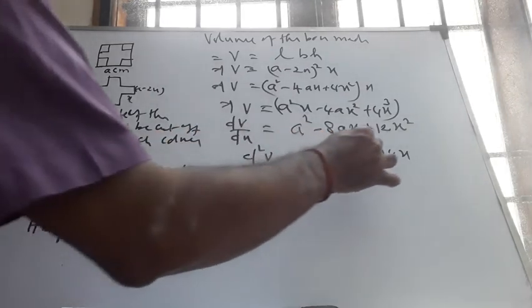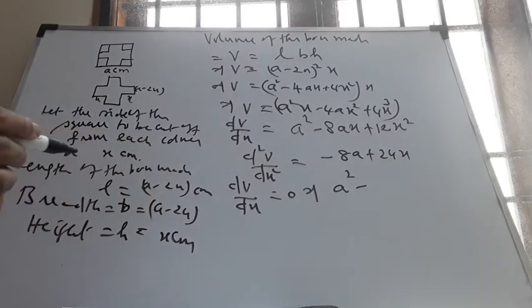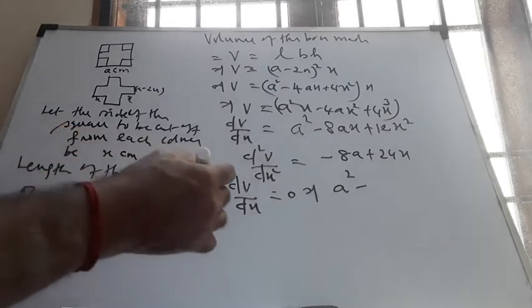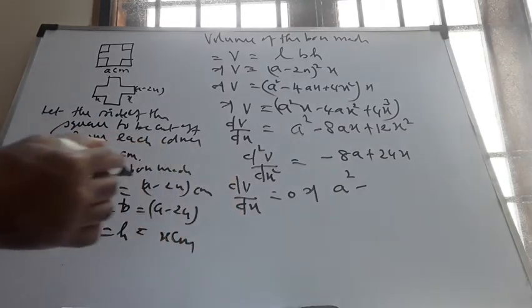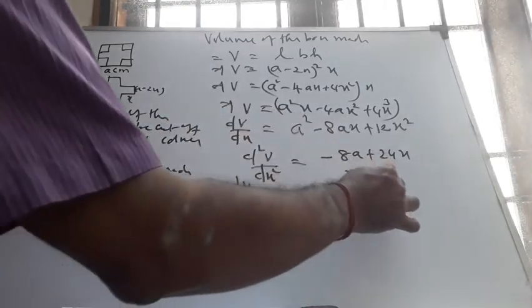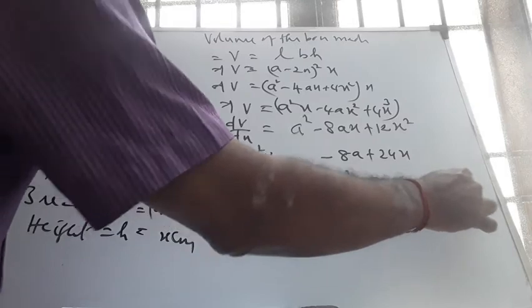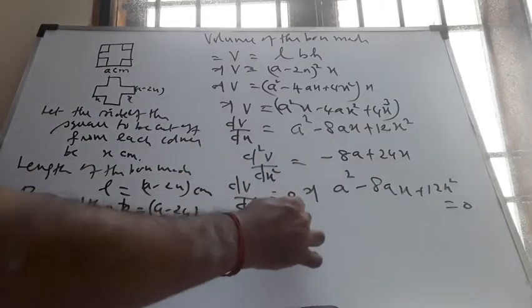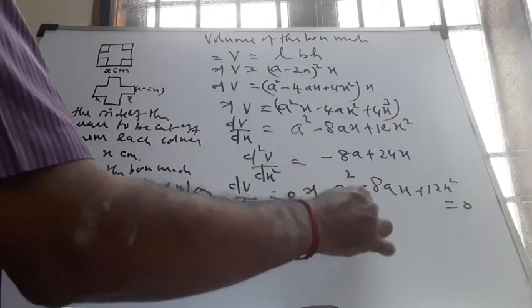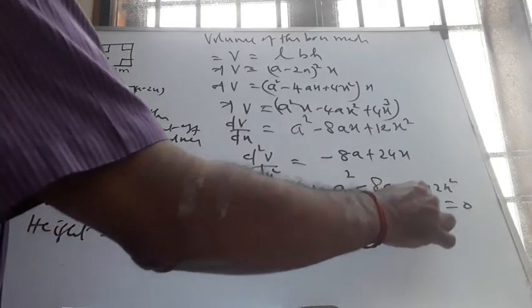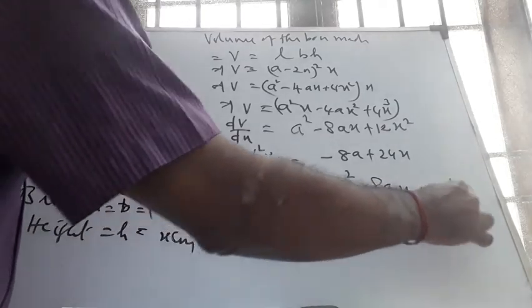Yes. This is also plus 24x minus 8a, yes, it's correct. Now therefore a square minus 8ax plus 12x square is equal to 0. This is anyway 12x square minus 8ax plus a square is equal to 0.